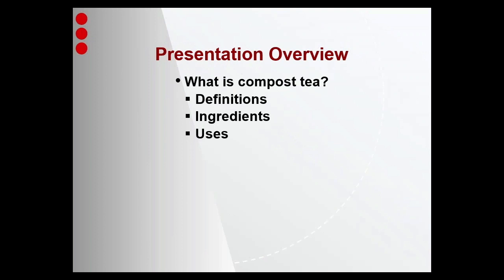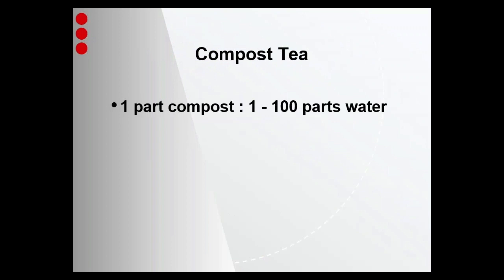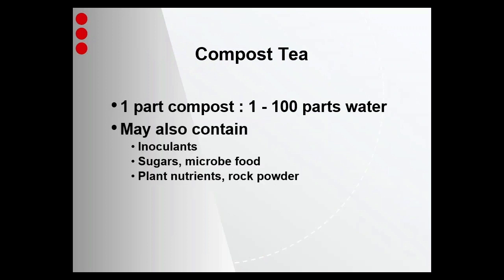All right, so like I said, I'm going to start with some definitions of compost tea. In its simplest form, we're essentially talking about a mixture that has 1 part of compost to 1 to 100 parts or more of water. Compost teas often contain other things as well, so some people like to add commercial inoculants.